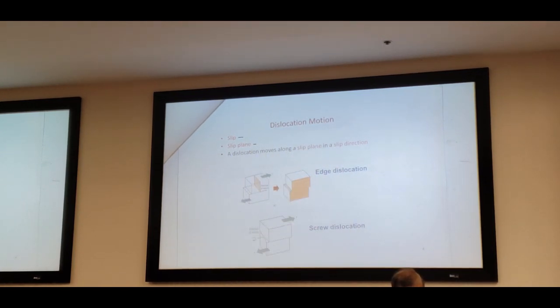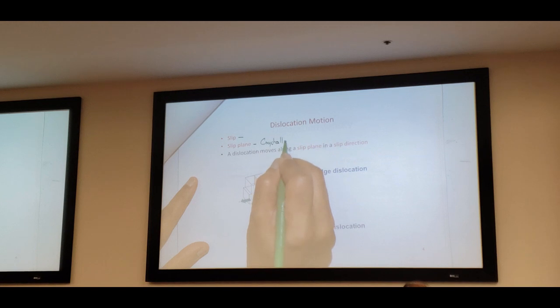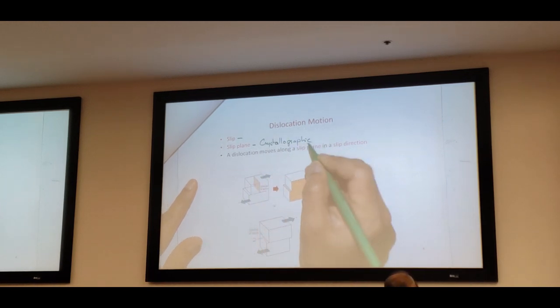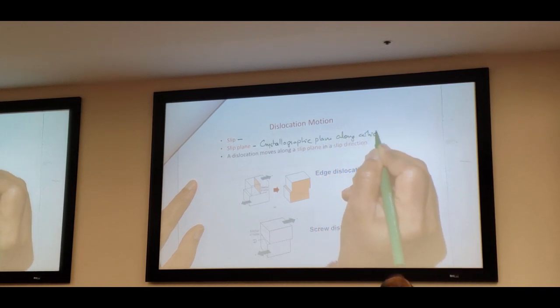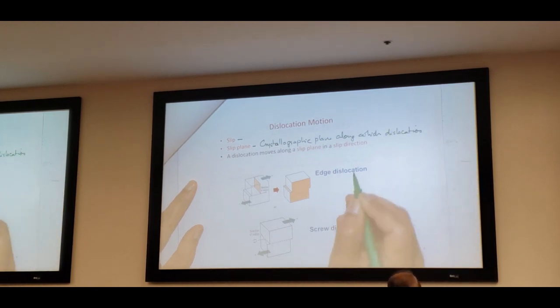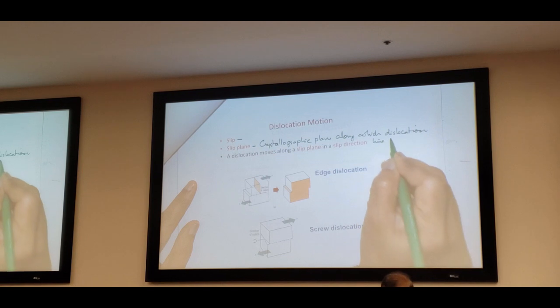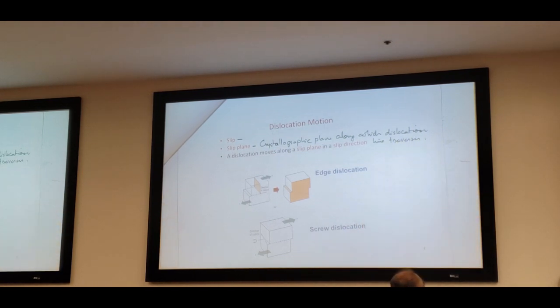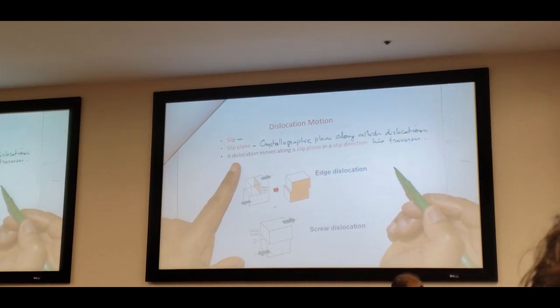And what is the slip plane? The crystallographic plane along which the dislocation line traverses is called a slip plane.